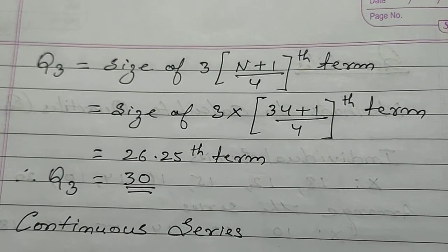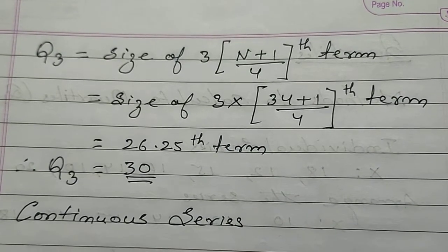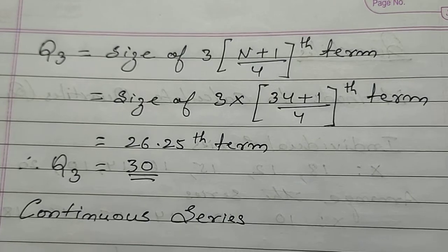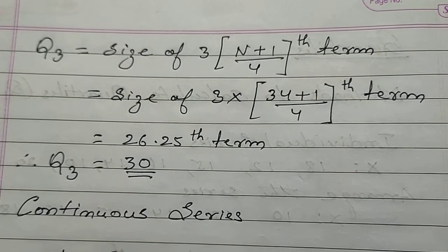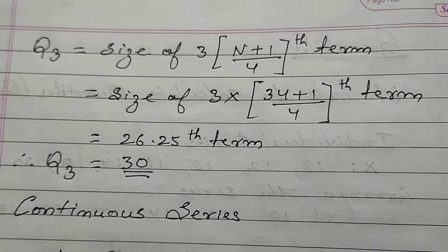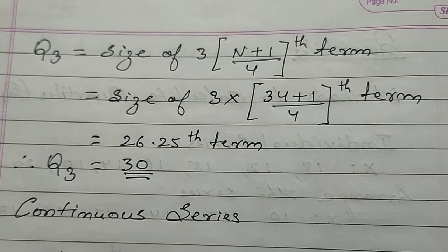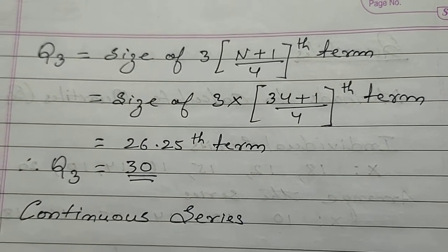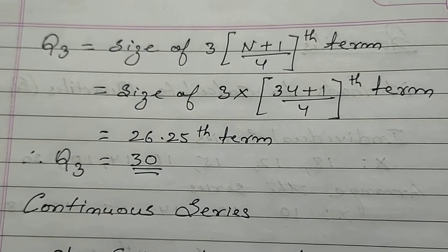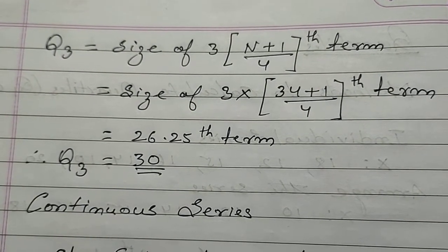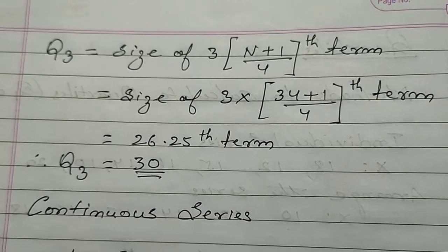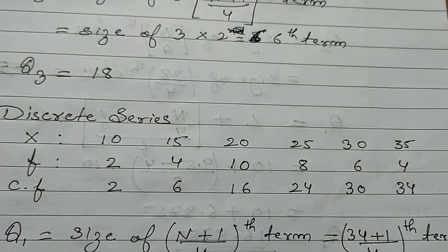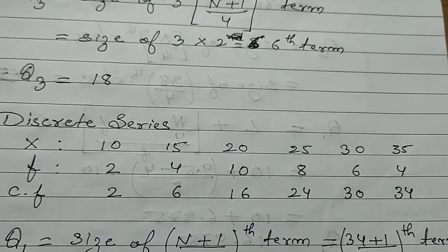Similarly, we have to find out the third quartile. Since it is the third quartile, the size will be equal to 3 times (n plus 1) by fourth term. That gives us the 26.25th term. And this we have to locate in the cumulative frequency. In the given series, we can see that 26.25 is not given.